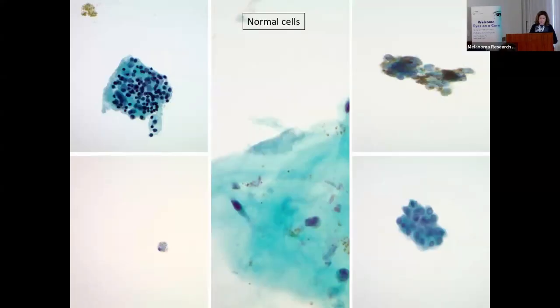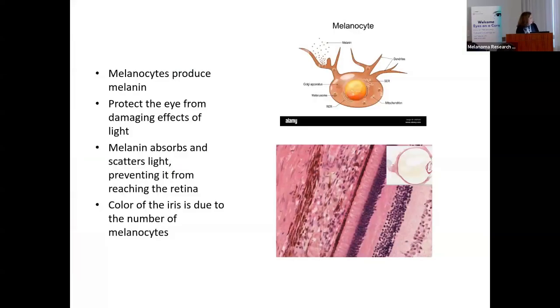Sometimes we hit a normal structure with our needle on the way in. This is the retina. Maybe you've seen pictures of retina. They have multiple layers. That's a little piece of retina. These guys are normal. I'm gonna show you what abnormal is. But I also wanted to show you what a melanocyte looks like. Melanocytes make the melanin.